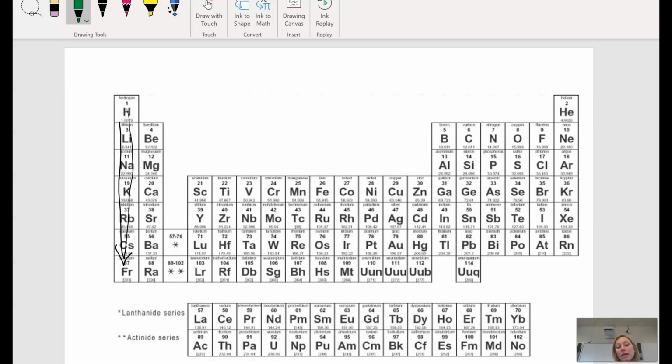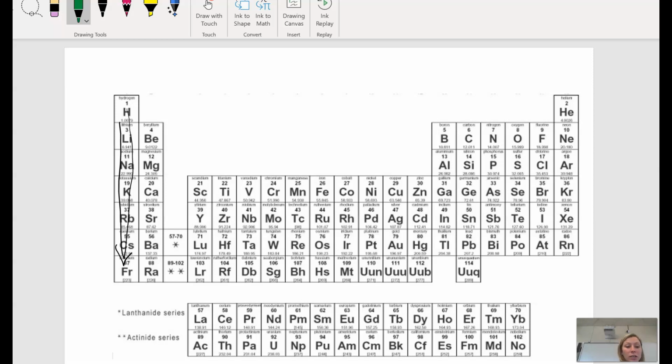And in this case, with the electron configurations, they all have the same ending sub-energy level and the same number of electrons in that sub-energy level in elements in the same column. And so that tells us a bit about its chemical reactivity.